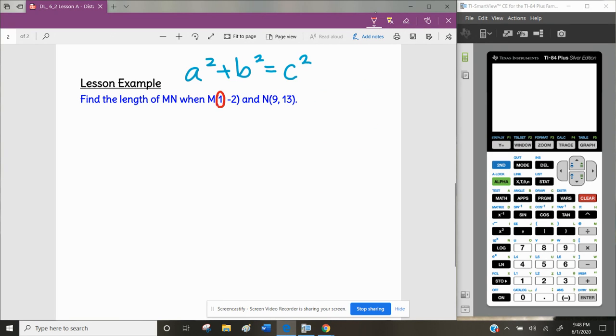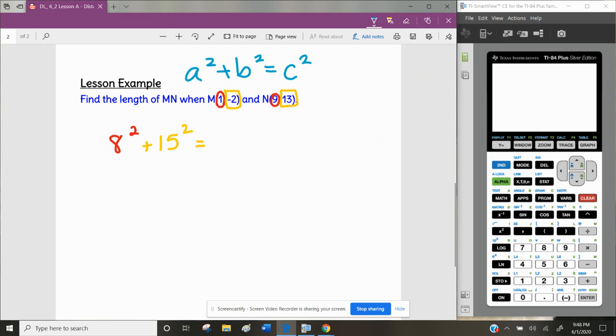So I'm going to look at my x values first. 1 and 9 are 8 units apart on the number line. -2 and +13, that would be 2 units to get to 0, another 13 units to get to 13. So that would be 15 units from -2 up to +13.